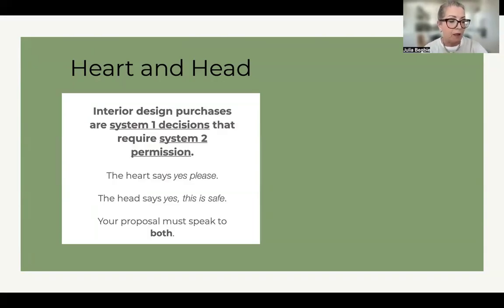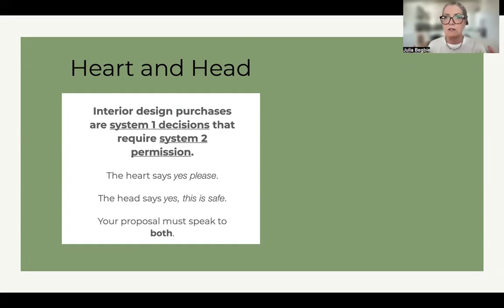Now, when we are selling to our clients, we have to remember, and this is a very key point, that interior design purchases are system 1 decisions that require system 2 permission. So a system 1 decision is a fast decision. It's made based on instinct and emotion.